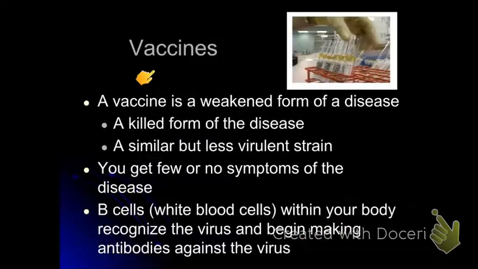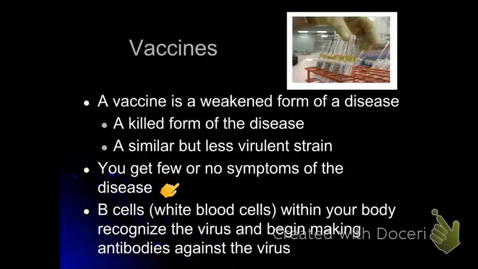So what are vaccines? Vaccines are a weakened form of a disease. So it's a killed form of the disease or a similar but less virulent strain. Virulent just means the disease-causing effect. With vaccines, you get few or no symptoms of the disease.